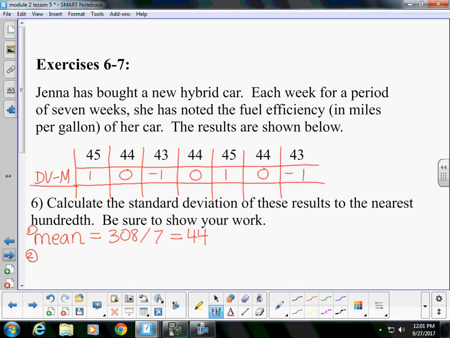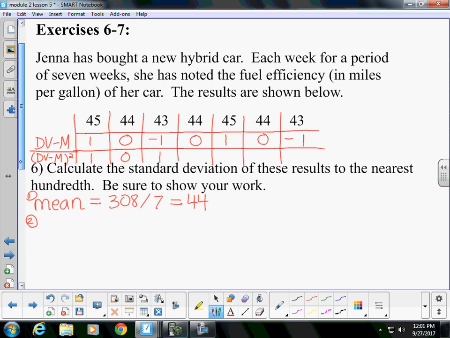After that, I'm going to square those results. Remember, you're supposed to put negative numbers in parentheses. So 1 squared is 1, 0 squared is 0, -1 squared is 1, 0 squared is 0, 1 squared is 1, 0 squared is 0, -1 squared is 1.